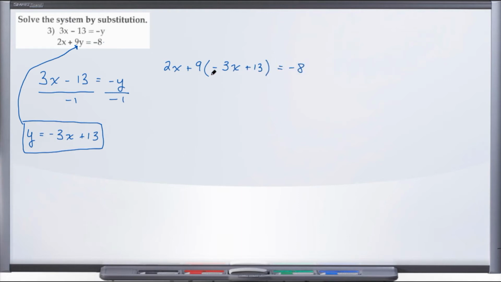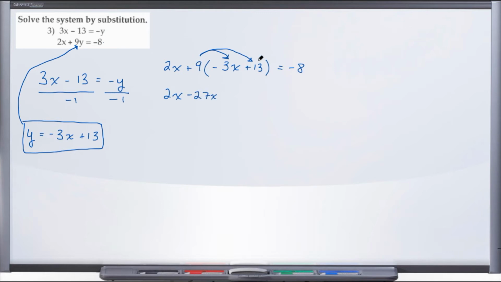And now let's go ahead and clean up the left and try to solve this like we normally would. So we'll go ahead and distribute this positive 9 through. So we have 2x plus, well, positive 9 times -3x is going to give us a negative 27 here. So minus 27x.